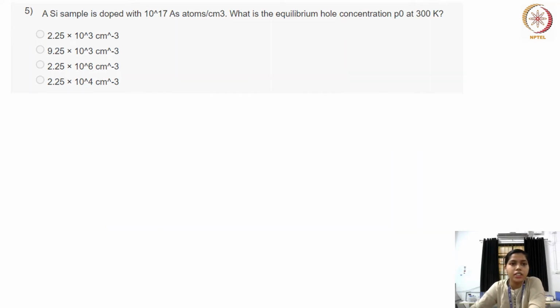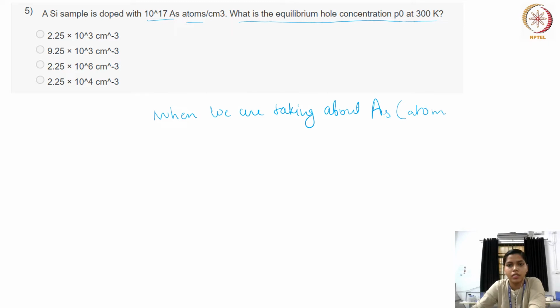So the next question is, a silicon sample is doped with 10 raised to the power 17 arsenic atoms. What is the equilibrium hole concentration at temperature equal to 300 Kelvin? So when we are talking about this arsenic atom, I have a question: this arsenic is what type of impurity?